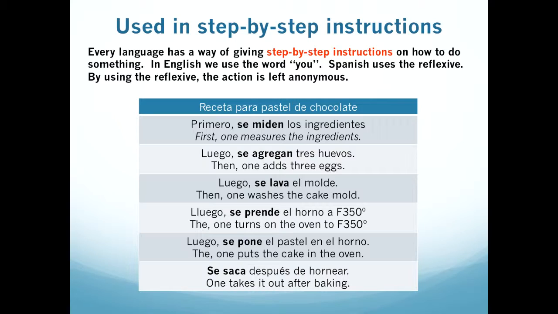Then one adds 3 eggs. Again, plural and reflexive because eggs are plural. Luego se lava el molde. Then one washes the cake mold. Luego se prende el horno a 350 grados Fahrenheit. Then one turns on the oven to 350.